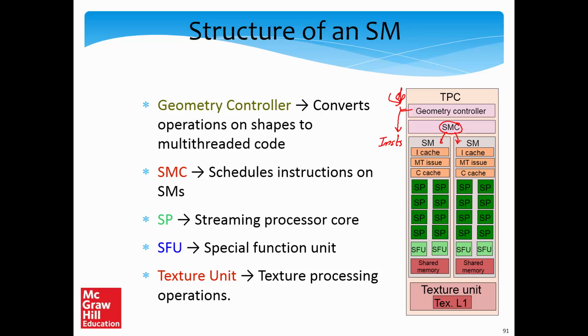One SM is, as described, a streaming multiprocessor. It has many compute units. The first thing is that it has 3 caches. This is the memory part of it. So it has these 3 caches, and then these are all the compute units.